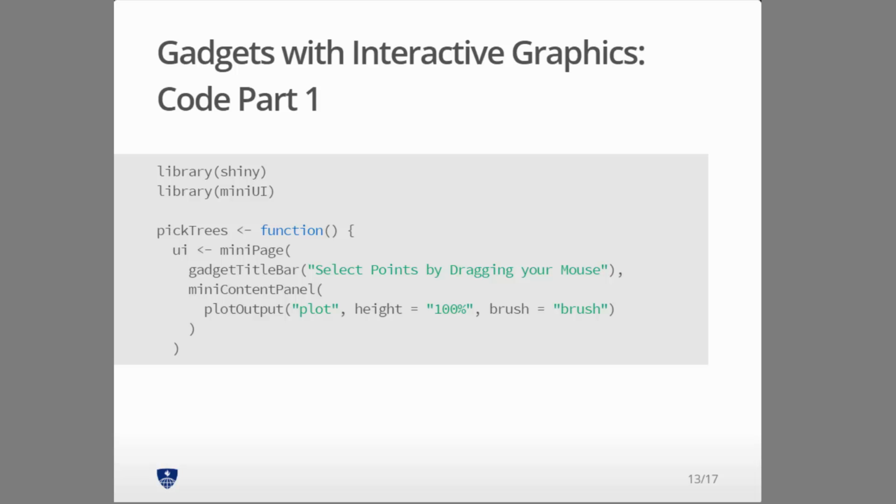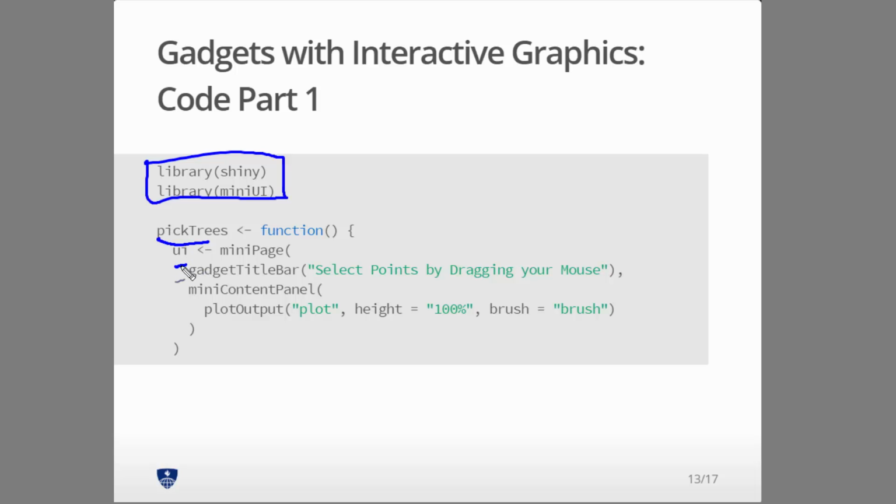So again, as always, we have to do library Shiny and library miniUI. Our Shiny gadget is a function, okay, and we have to have a user interface, and it's going to be miniPage from miniUI.